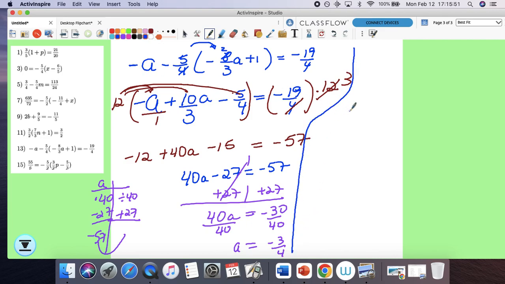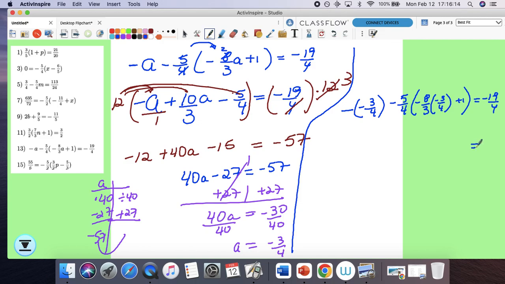So again, take the a out, replace it with negative 3/4. Minus 5 over 4, and inside the parentheses is negative 8 over 3 times a, which is negative 3 over 4, plus 1, and all that, hopefully, is negative 19 over 4.